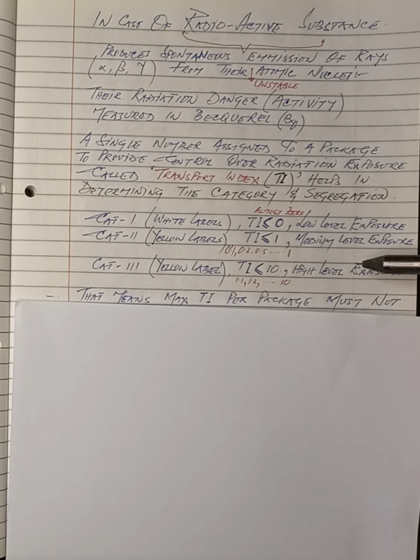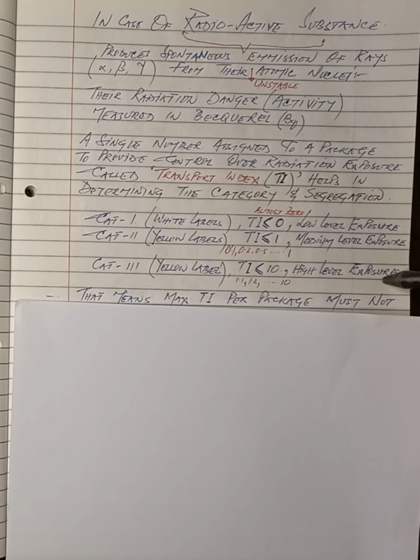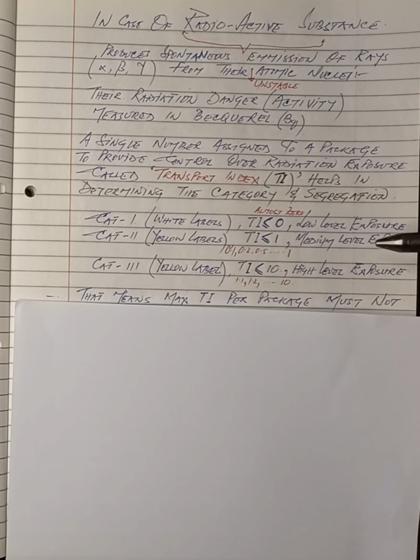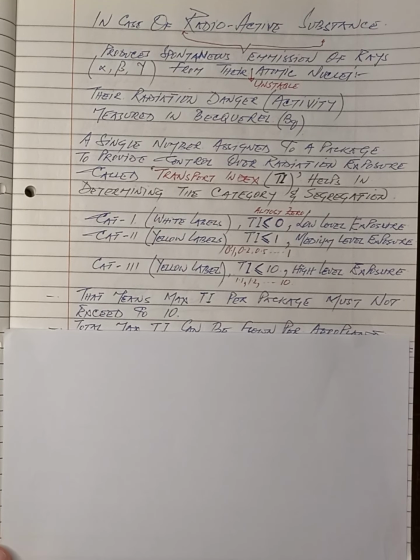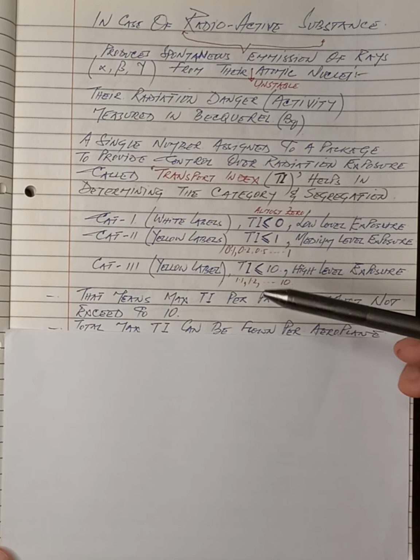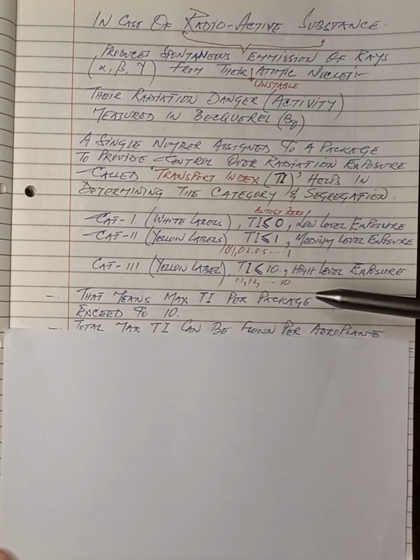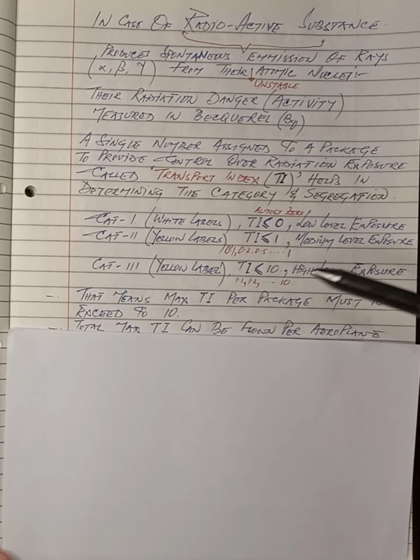Cat 3 is carrying high level exposure, and its transport index is more than 1 but equal to or less than 10. What does that mean with the above information? That means the maximum transport index per package must not exceed 10.